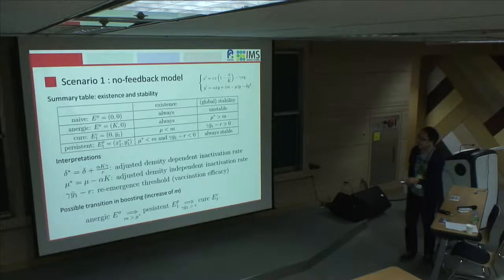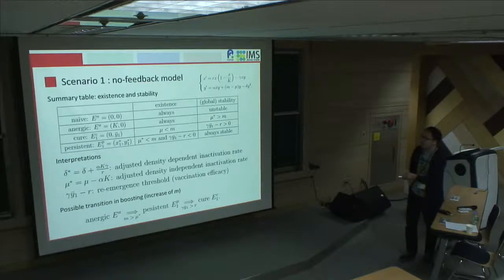I first explain that M, the maximum proliferation of CTL, is a kind of measure to know the possible transition from no immunity, to immunity but tumor still exists, to finally tumor being eradicated. So if M increases, steady state dynamics transit from this state to persistent to cure state.